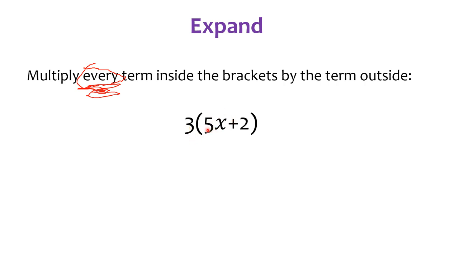So we are going to say 3 multiplied by 5x, and then we come back and say 3 multiplied by 2. This is how it will look. So 3 multiplied by 5x, then a plus. Which plus? This particular plus, you bring it down.